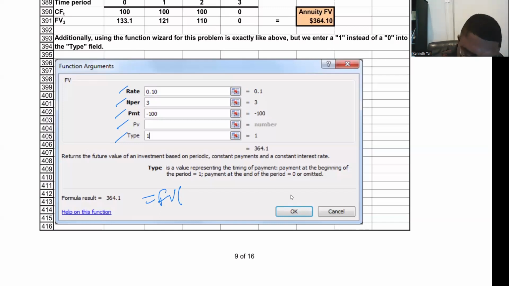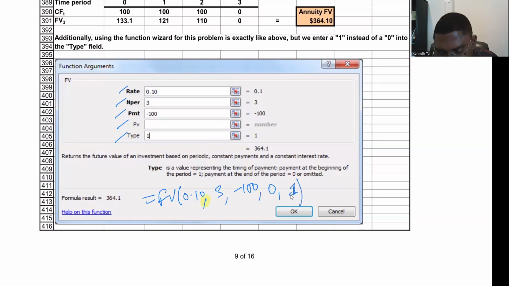So rate 0.10, number of periods 3, payment minus 100, present value 0, type 1.